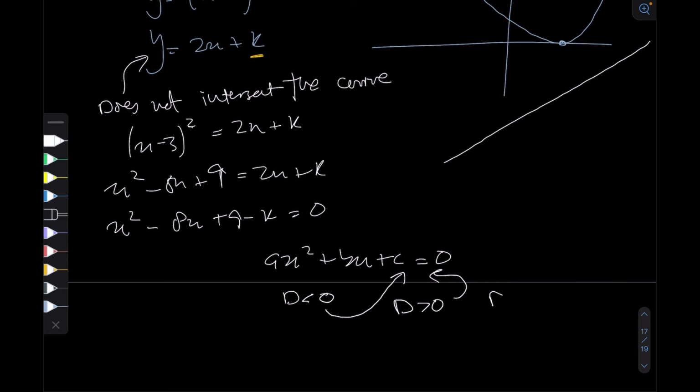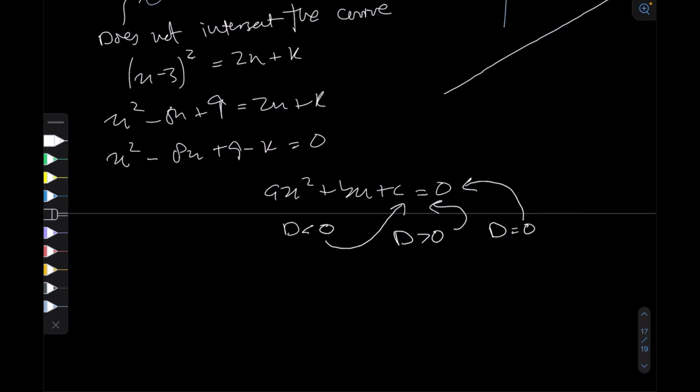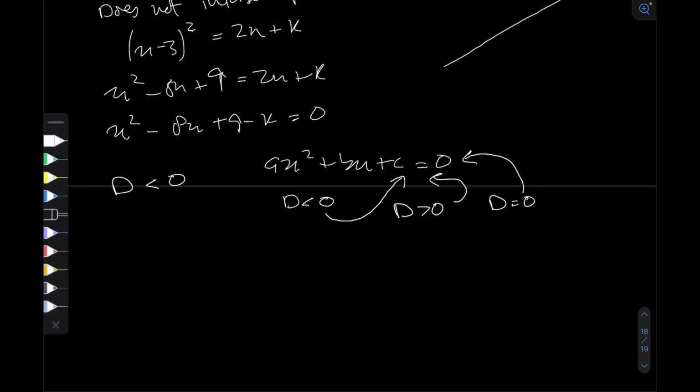We discussed how if d is equal to 0, there will be one solution, like two repeated solutions. So what I want here is for this equality to never hold. I want this curve to never be equal to this line. So I will take the discriminant and find the values of k for which the discriminant is negative.